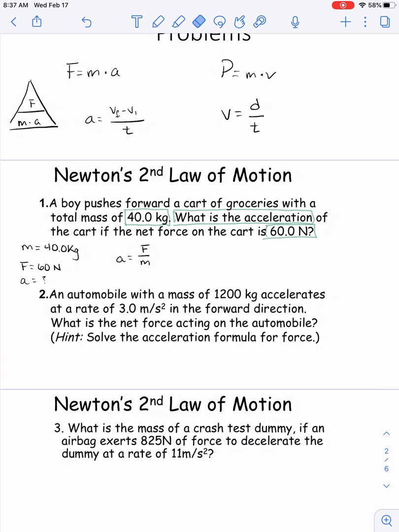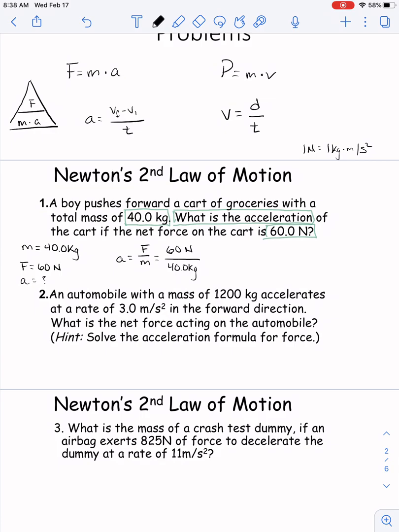And then at this point, we are ready to plug in. So we're going to plug in 60 newtons and divide it by our mass, 40.0 kilograms. It's important to remember that 1 newton is equal to 1 kilogram times a meter per second squared.